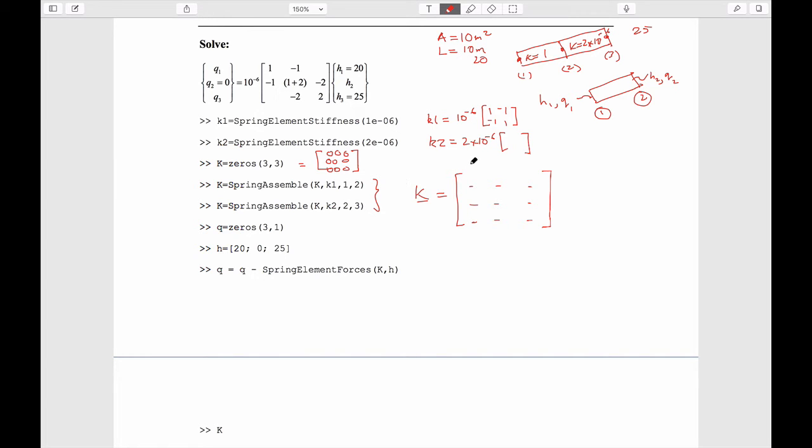So index 1 is here globally, 2 is here globally, and 3 is here. 1, 2, 3. And it's saying that it takes the big matrix, K. It takes the small matrix, which it knows what it looks like, which is just a 2 by 2 matrix which has these terms in it.